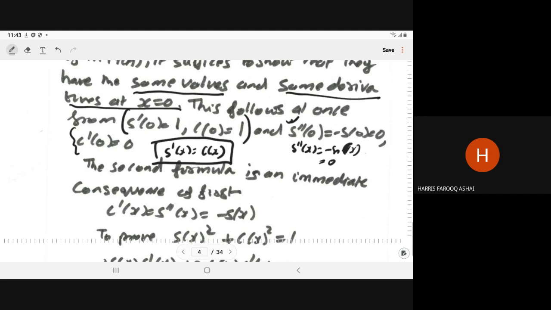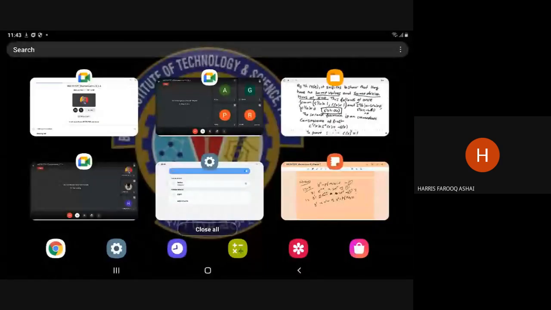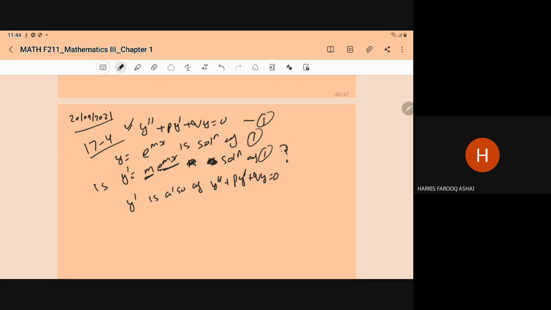Sir, what if you were talking about y is equal to me to the power mx? I want to say that for a second order differential equation with constant coefficients, if y is a solution, then y dash is also a solution. How did you prove that s dash x is a solution?